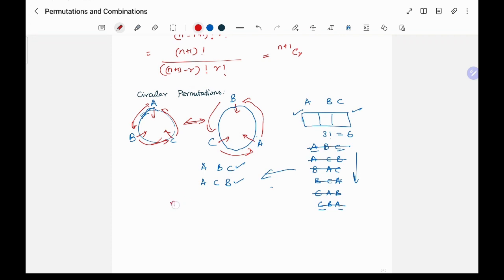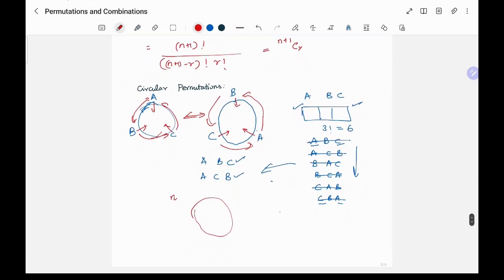So in general, if you have n objects sitting, how do we write it? We know the total permutation is n factorial for a linear arrangement. So how do we reduce from this to this? If I just keep A, B, C like this n times and shift the places, let A sit in B's place, B sit in C's place.